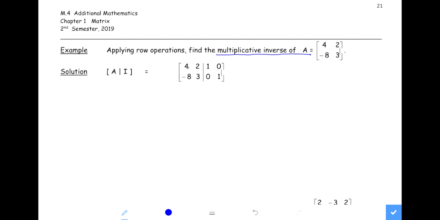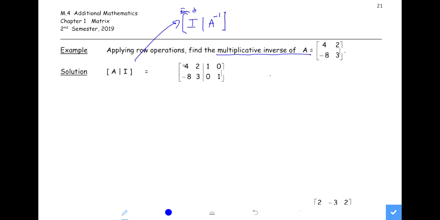So first step, you start here with A and I. At the end, you expect to have I in front, and behind I is your inverse. Like at the end, you expect to have things like that.